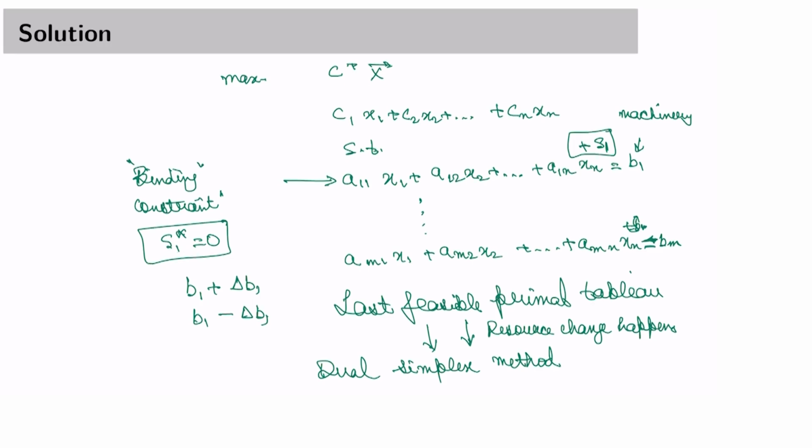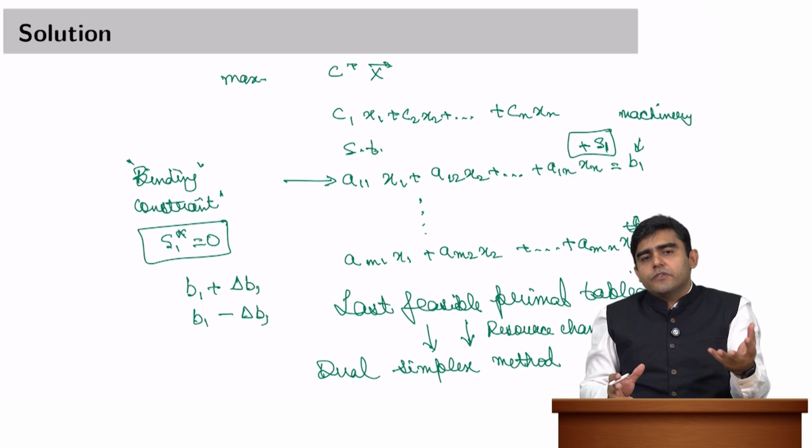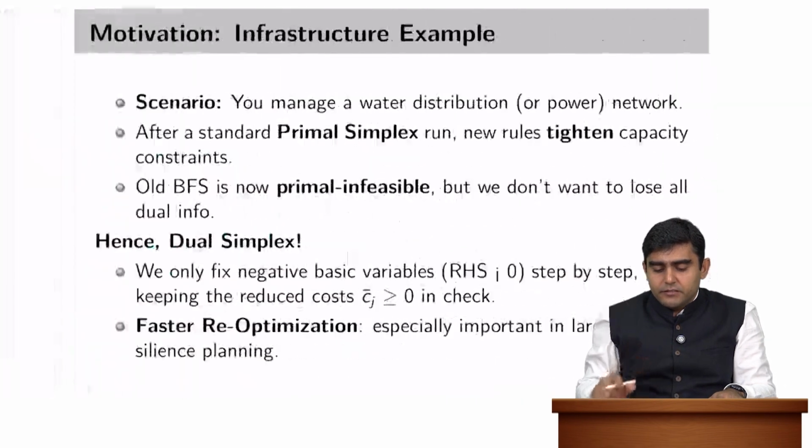You can argue why we cannot continue with the last feasible primal tableau. Why? Because resource has changed. The coefficients in the final simplex tableau of the primal solution will have all positive variables. So there is no way you can decide an entering variable. That is why you have to search for a new way to express the same tableau without compromising integrity of the system. You cannot change the equations at your sweet will. So that is where we take the help of the dual simplex method.